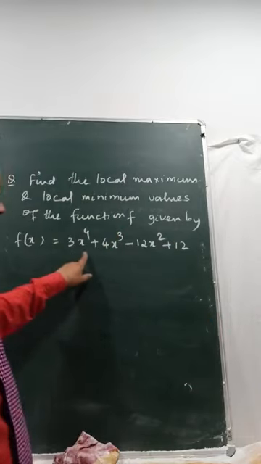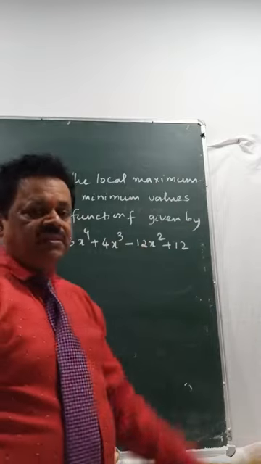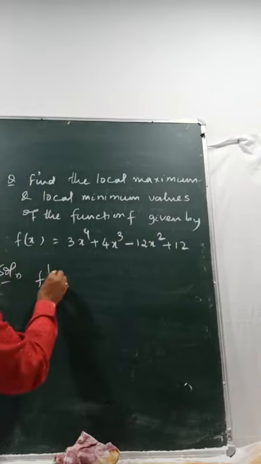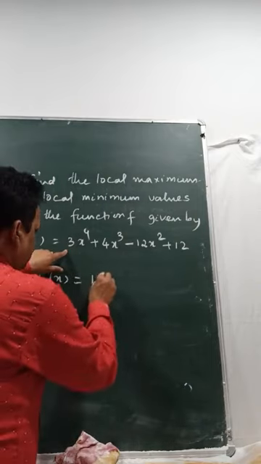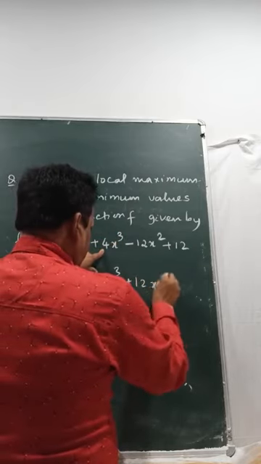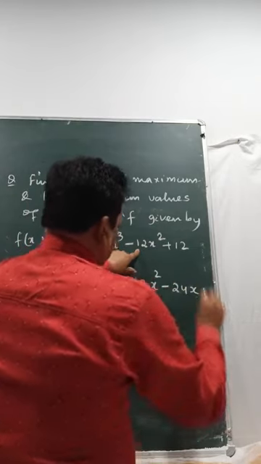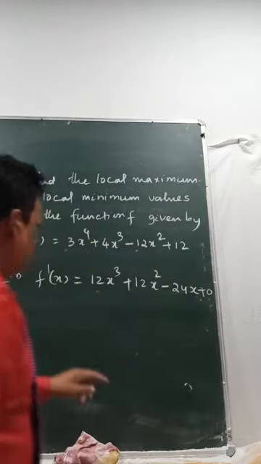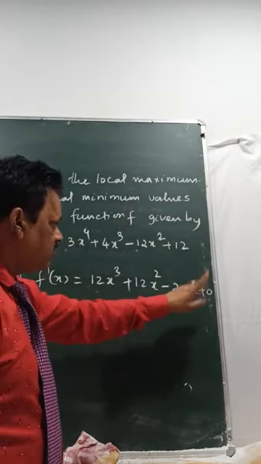Okay, let's take the help of the second derivative to find the local maxima and local minima. So what is your first step? You have to find f dash x, the first derivative. How much is it? 4 times 3 is 12, 12x cube. 3 times 4 is again 12x square. Then 12 times 2 is 24. So f dash x is 12x cube plus 12x square minus 24x.